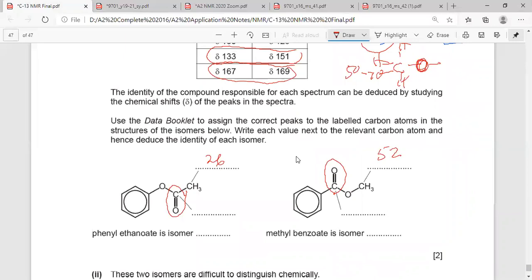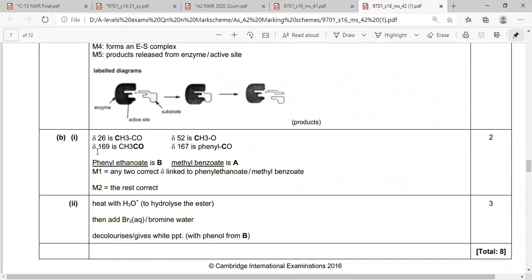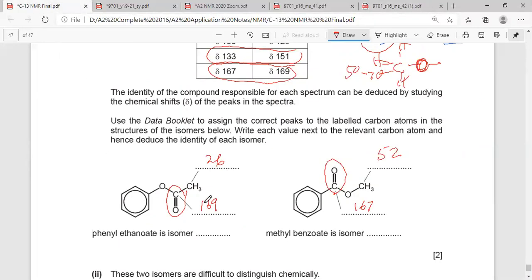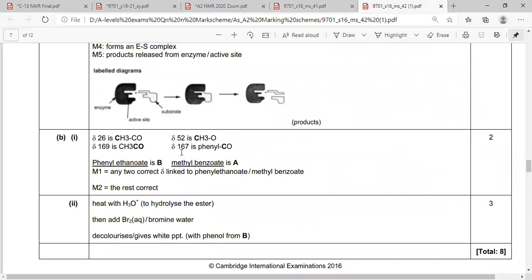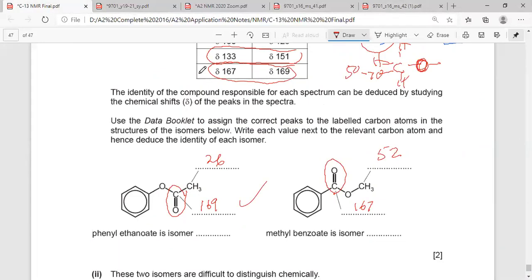Very simple, just copy from there. It's 167. Sometimes it's very hard to tell the difference. Look at the marking scheme. 26, 169, 52, 52, 167. So this, of course, is the answer.